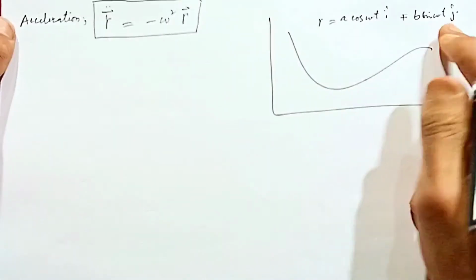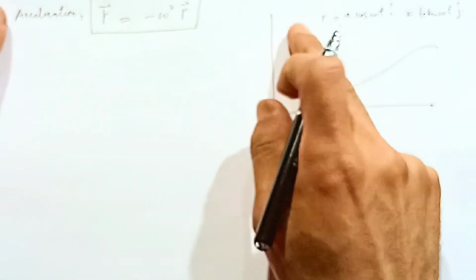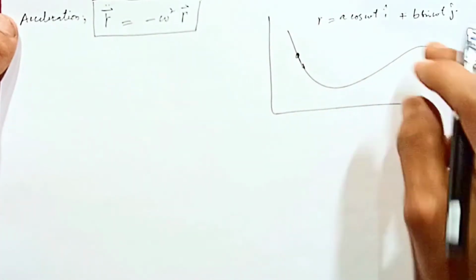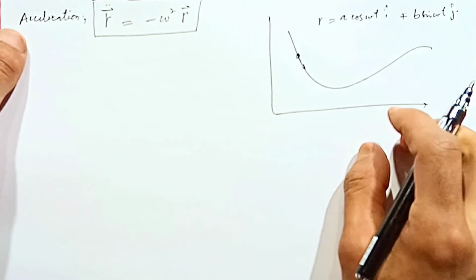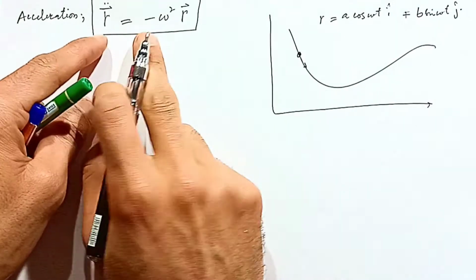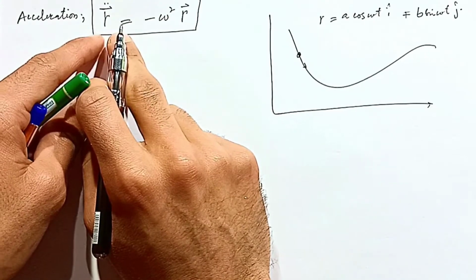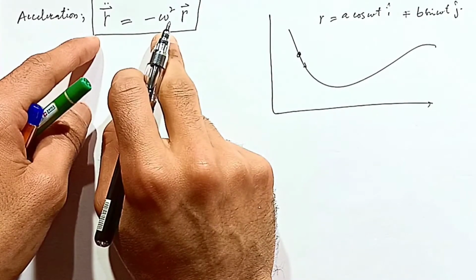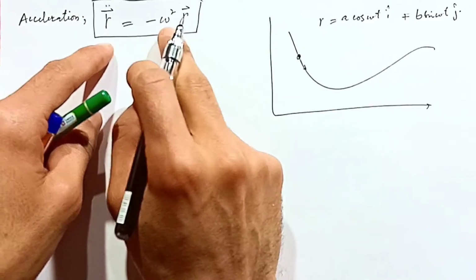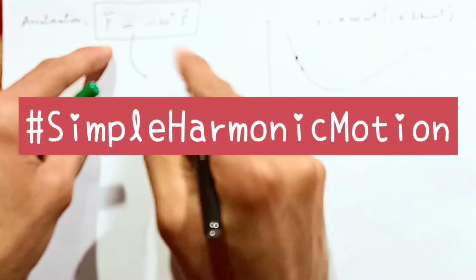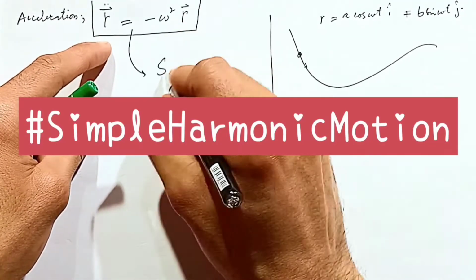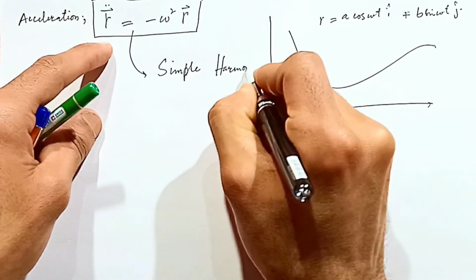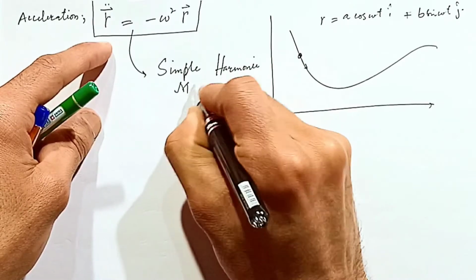If this is the parametric equation, the particle is moving along this very curve. So we have to be cautious that the acceleration will be given by this, that means the acceleration will be minus omega square r, and this is the equation of simple harmonic motion.